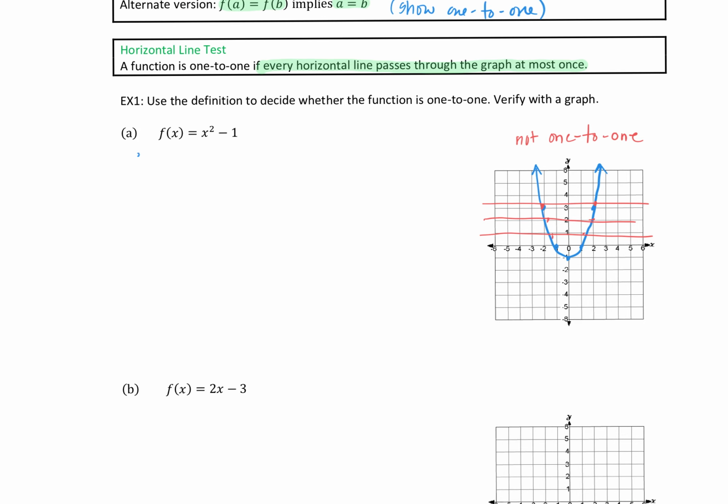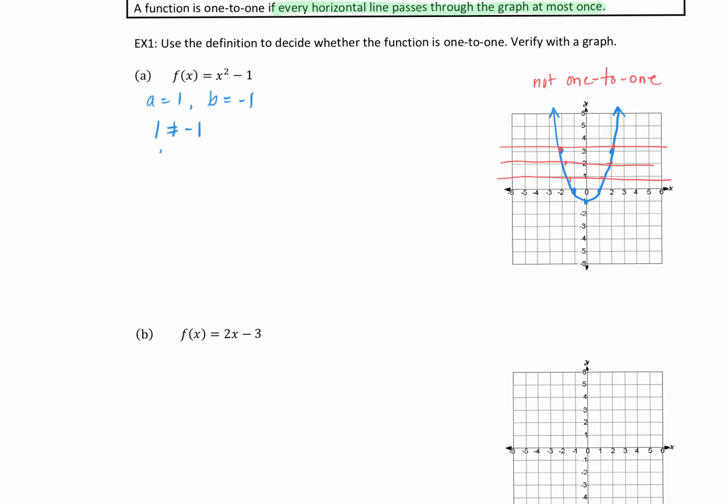So let's let a equal 1 and b equal negative 1. Clearly 1 is not equal to negative 1, so I have two x values that are not the same. However, if we look at the corresponding y values, f of 1 is equal to 0. f of negative 1 is also equal to 0.